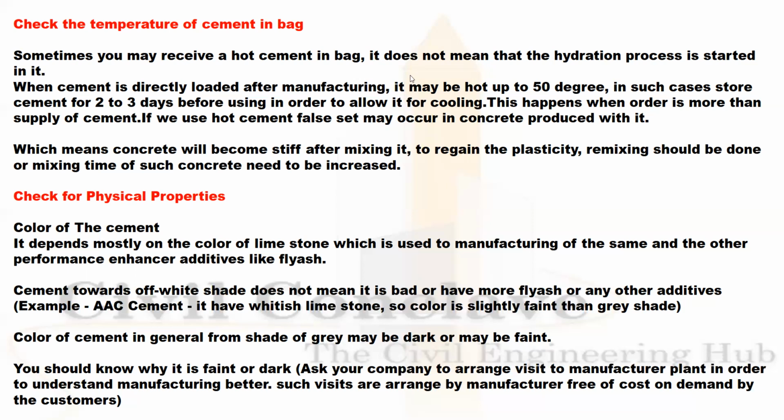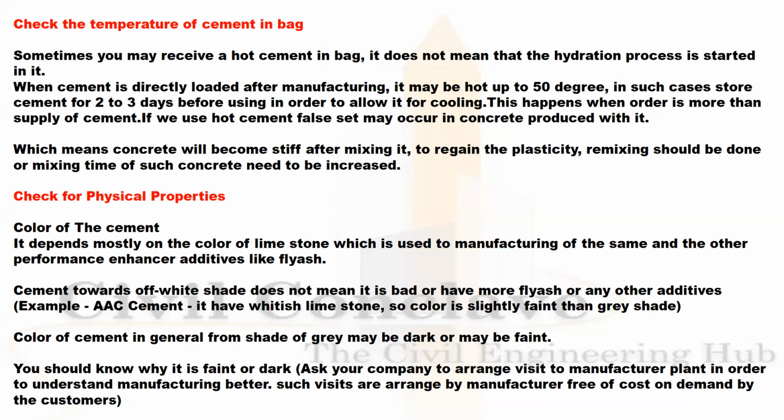Check the physical properties. Color of the cement: it depends mostly on the color of the limestone used for manufacturing. Cement towards an off-white shade does not mean it is bad or has more fly ash or any other additive.